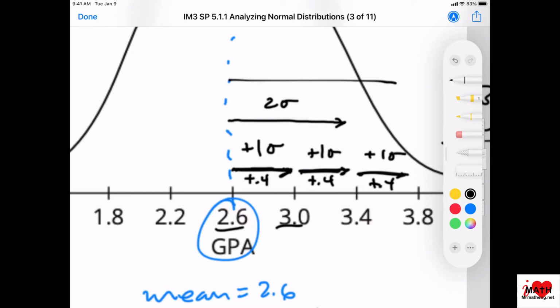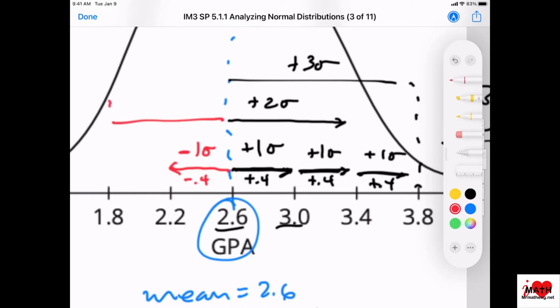So if you went that far, that would be plus 3 standard deviations. And it's the other direction as well. If you subtract 0.4, you get 2.2. So we call this 1 standard deviation below the mean. Again, that would be 2 standard deviations, and so on and so on.